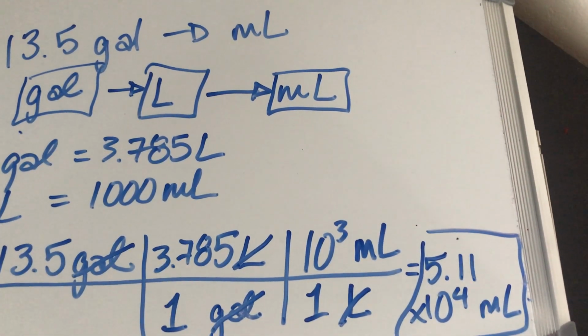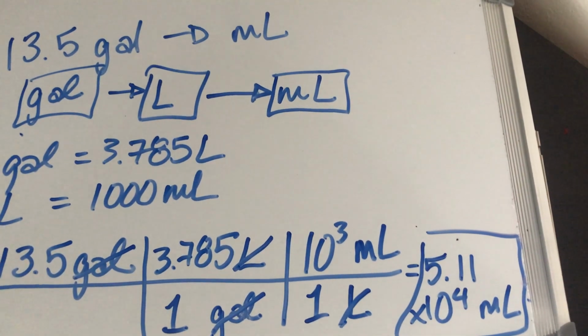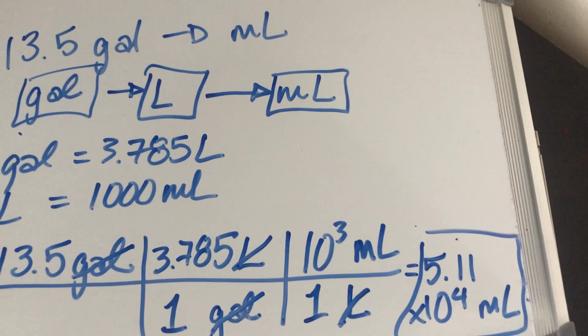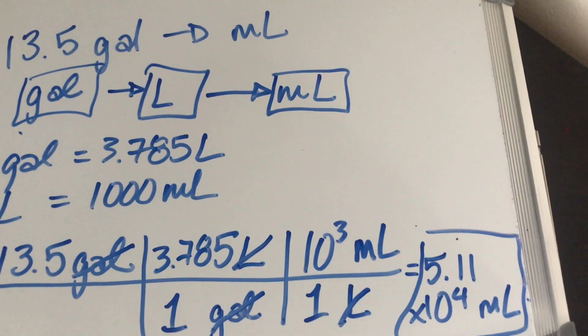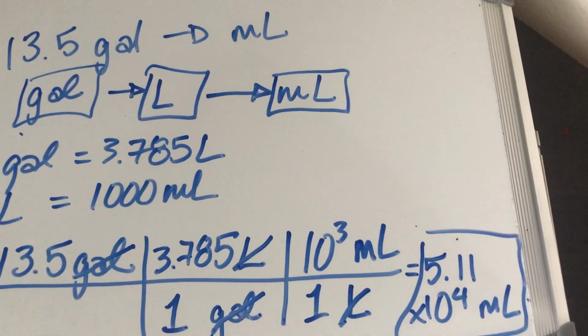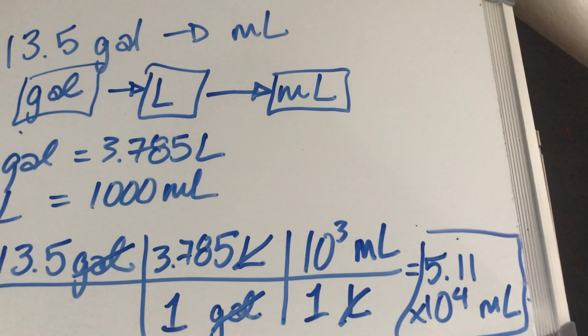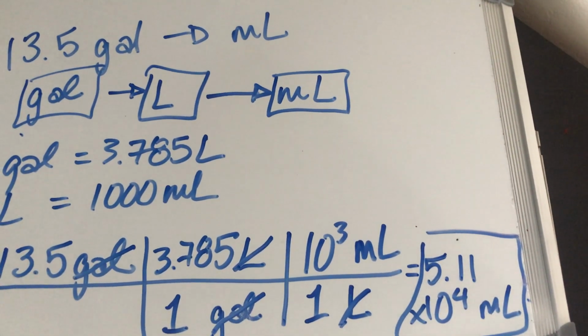So I'm never going to ask you to do that calculation. Basically, we're just going to kind of pretend like Fahrenheit doesn't exist. We haven't started talking about temperature yet, but once we do, we'll get deeper into that, right?